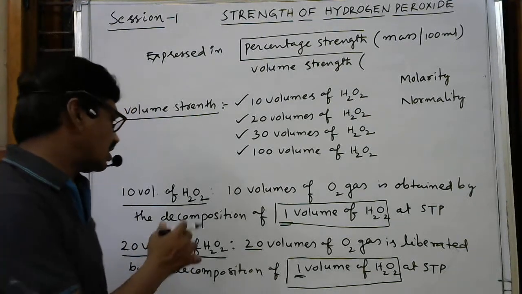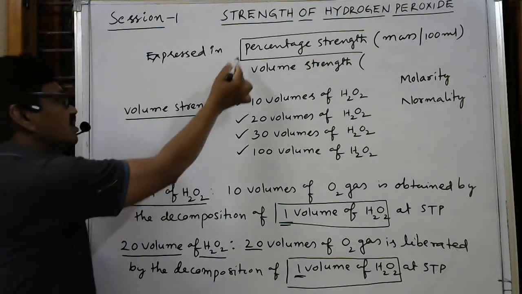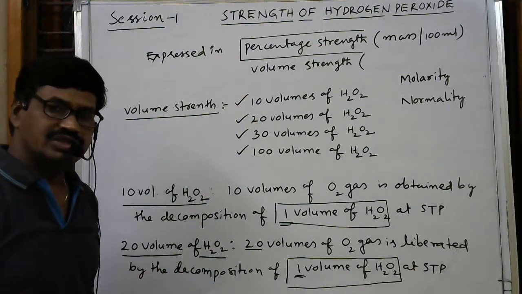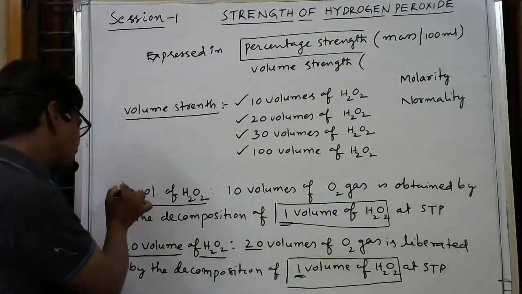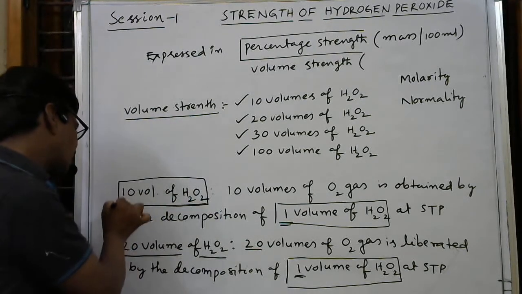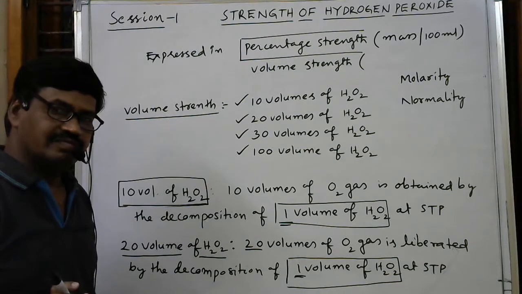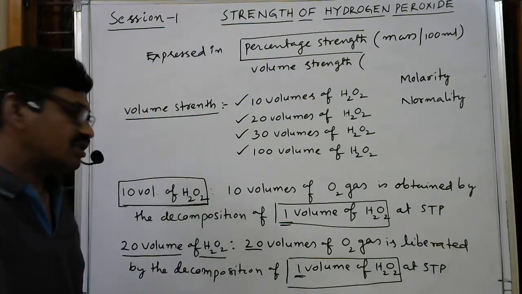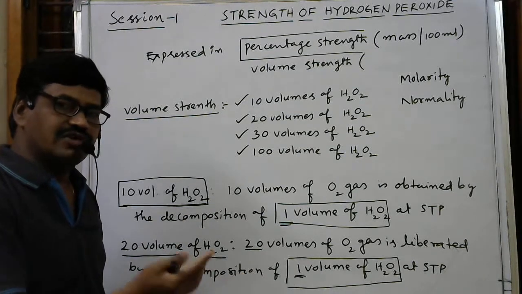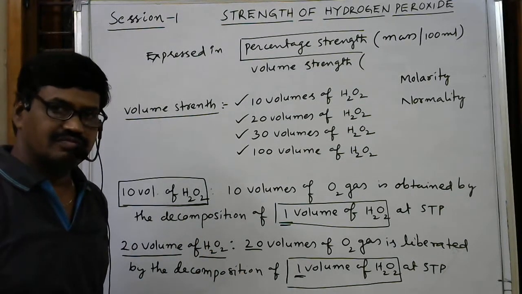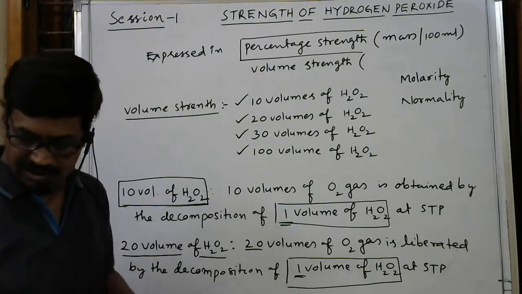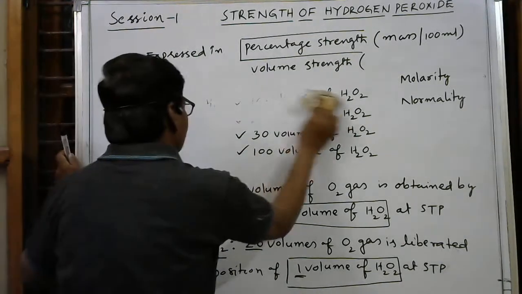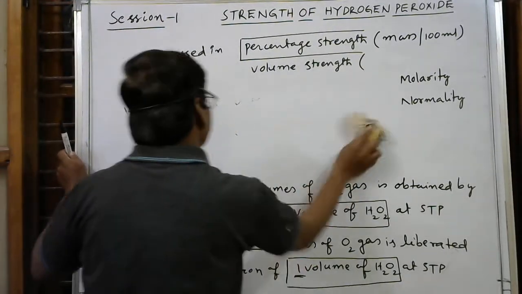First, we will discuss 10 volumes. 10 volumes is basic, just remember it. If you take it as reference, we can convert it into 20 volumes, 30 volumes, 40 volumes, whatever it may be, just by cross multiplication. Okay. Now, what is 10 volumes hydrogen peroxide?